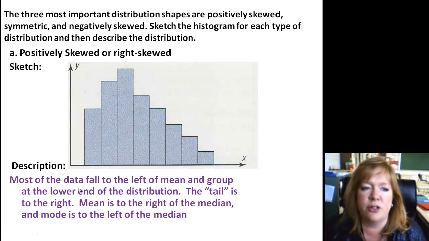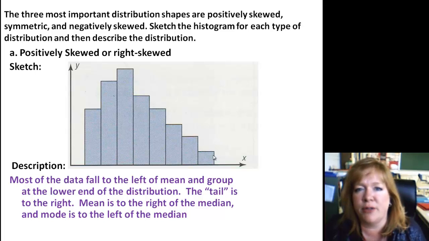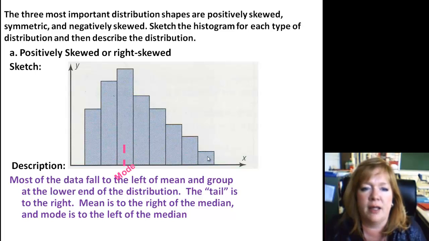Here's the description. Most of the data fall to the left of the mean and group at the lower end of the distribution. The tail, that's the little part, is on the right. If I was trying to remember these for a test, I'd ask, where's its tail? If it's on the right, it's right skewed or positively skewed. Here, the mode is right there, the one with the highest frequency.